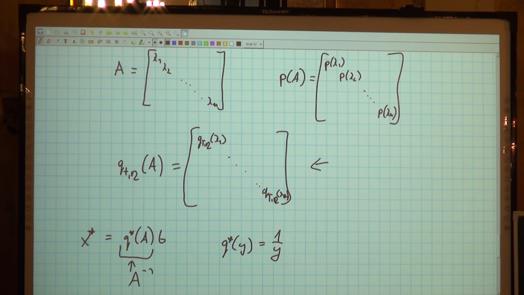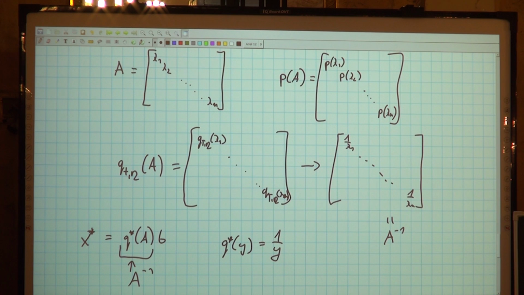So what I really would like is for the matrix I actually get using a polynomial to somehow converge to, or approximate, 1 over lambda 1, up to 1 over lambda n, which is exactly the inverse in the diagonal basis.